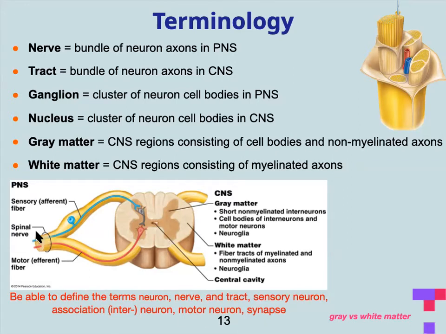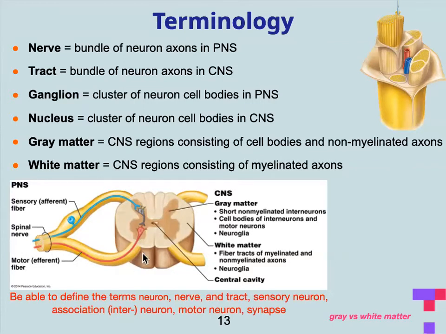And a bit more review on neuron anatomy. We have the sensory neuron, which relays information from the periphery to the CNS. Here we see it's the spinal cord. It relays information to the spinal cord. And then we also have a neuron that extends from the spinal cord out to the periphery.